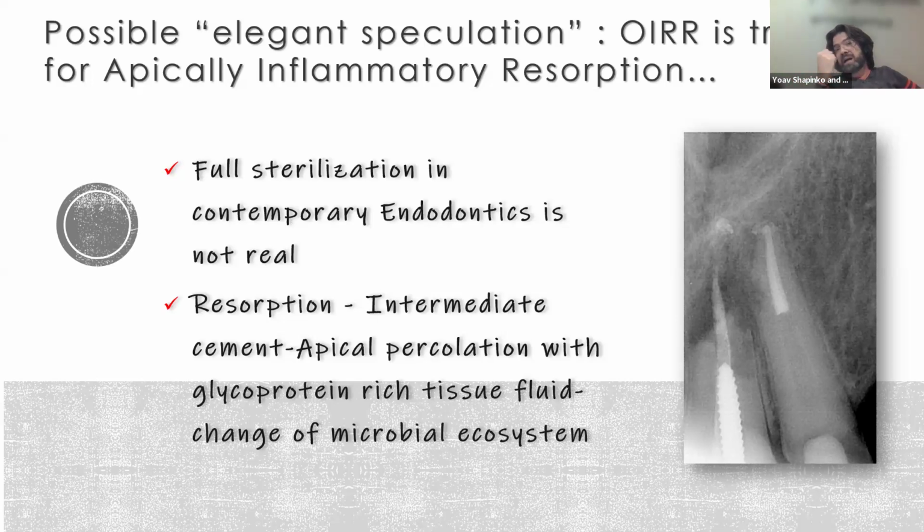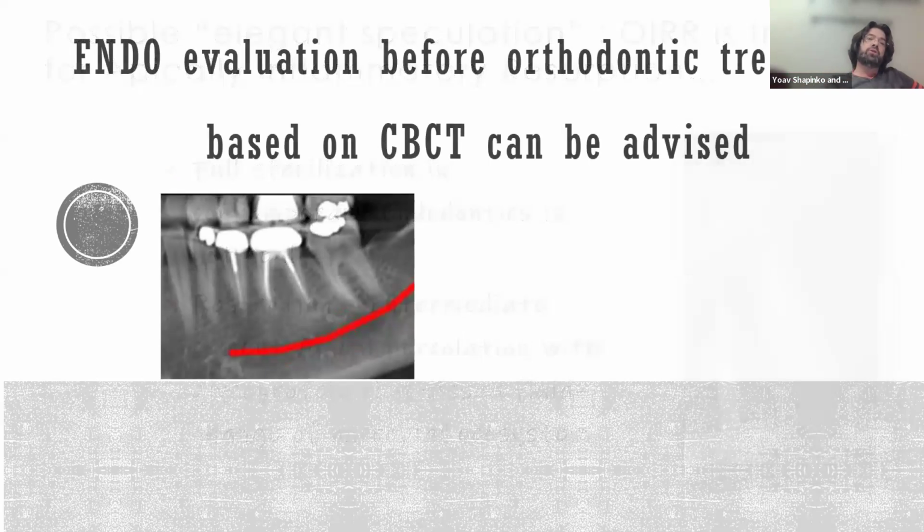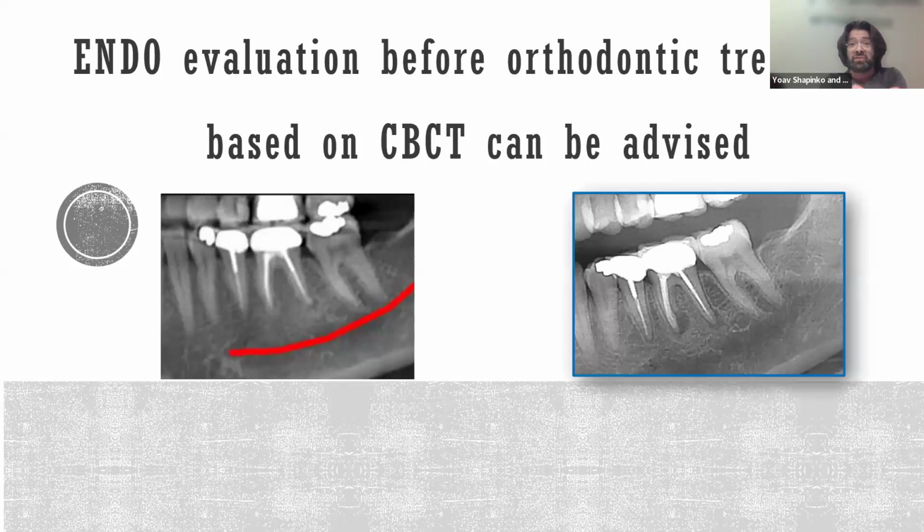And we must understand that sometimes we will do a CBCT, like in this case, before the orthodontic treatment, and you see no lesion on the mesial root, and maybe some small hypodense area on the distal, and you start orthodontic treatment, and on a regular X-ray, you see a new lesion on the mesial root.